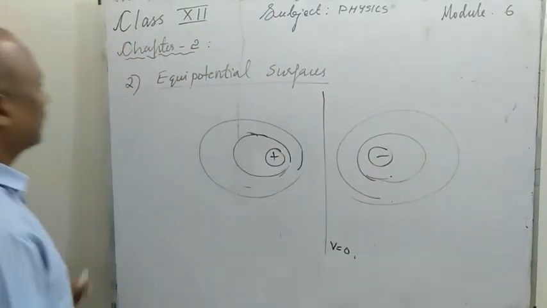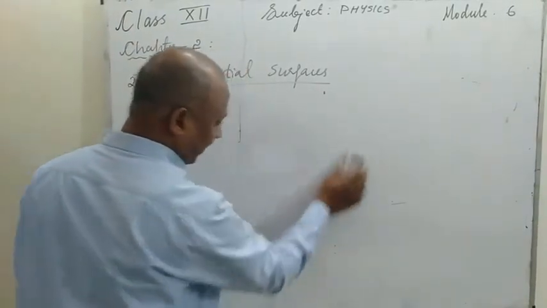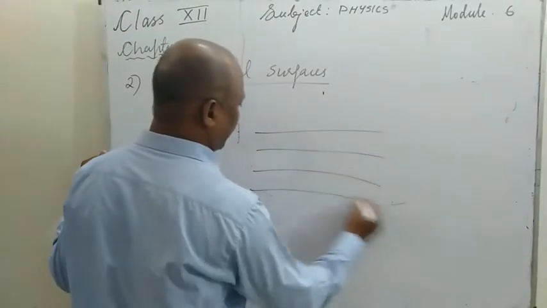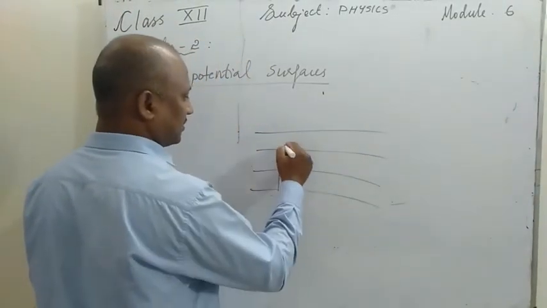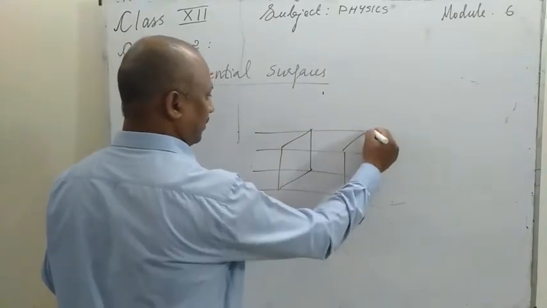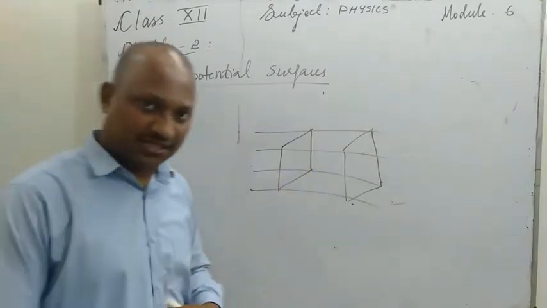Okay, if it is a uniform electric field, then you can draw the equipotential surfaces as plane sheets like this, and which are equally spaced.